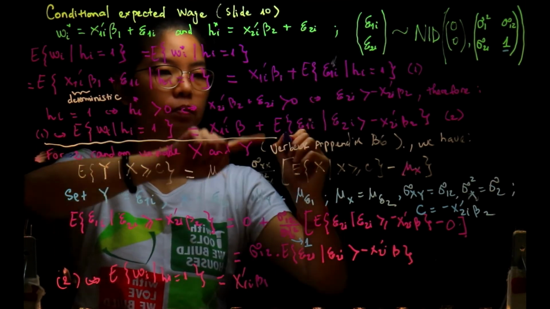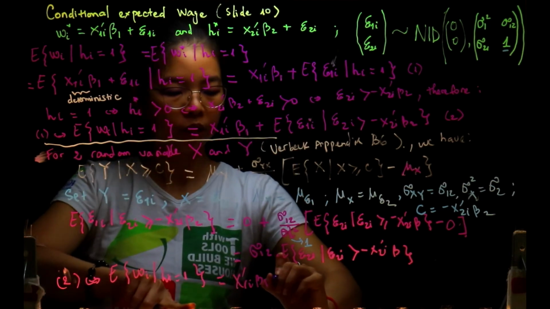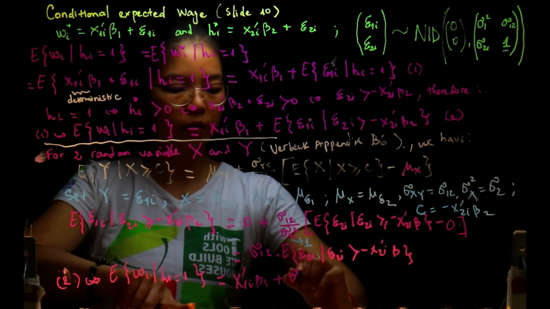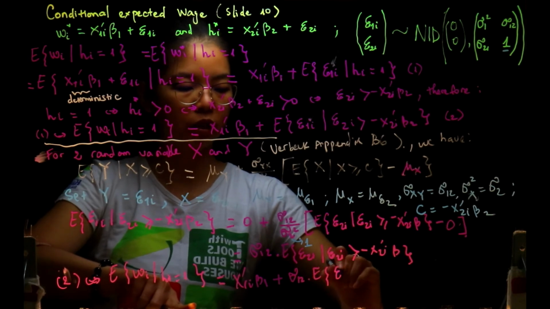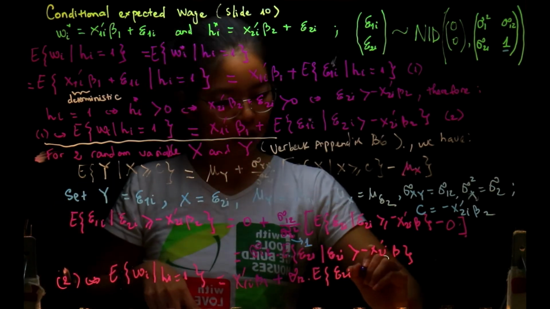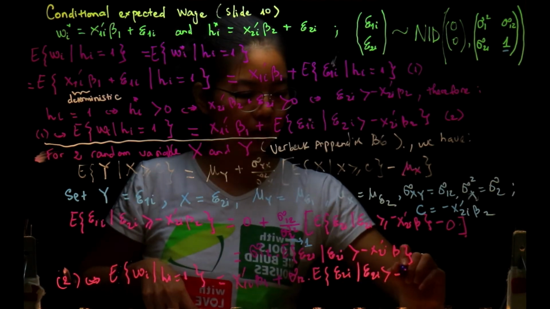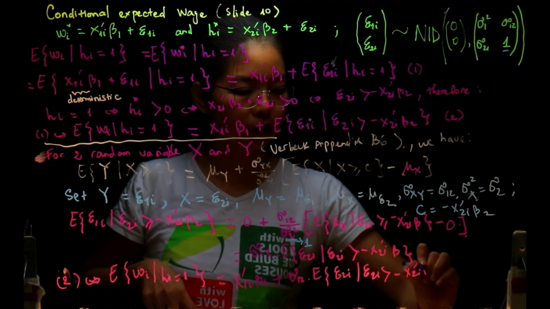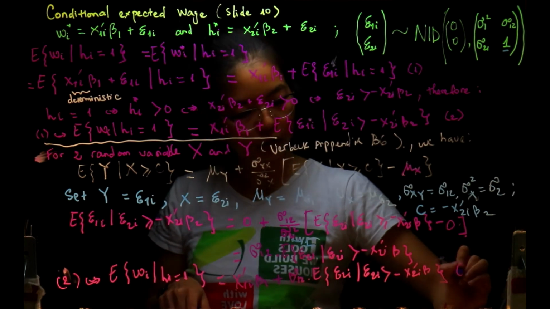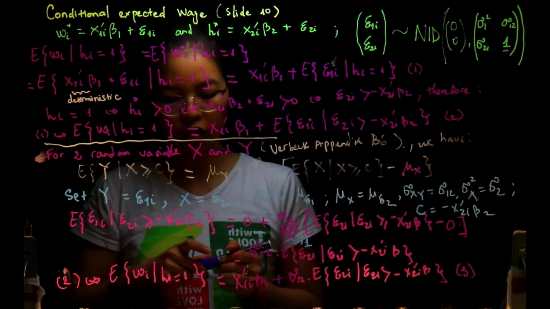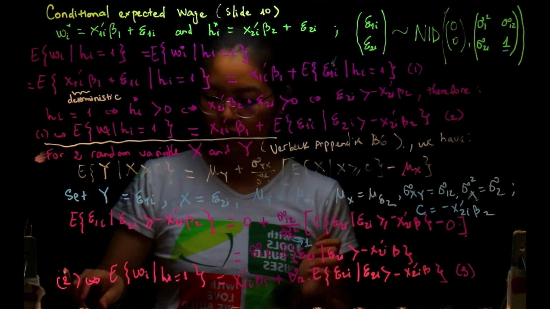I missed this part, beta 1, plus sigma 1,2 times the expected value of epsilon 2i conditional on itself larger than minus x2i prime beta 2. And this is the third line, not slide. Okay, I go back after cleaning the board and we could finish that.